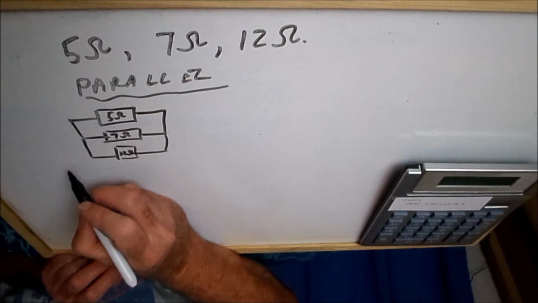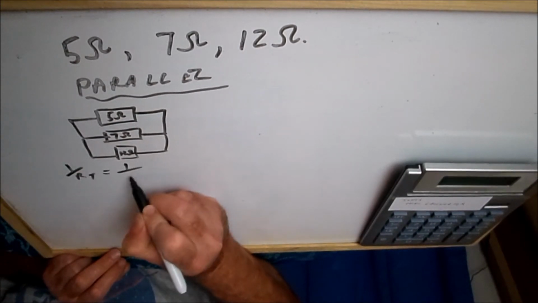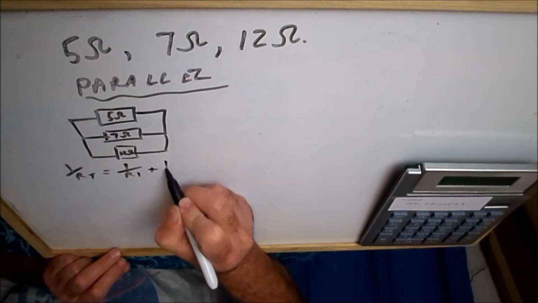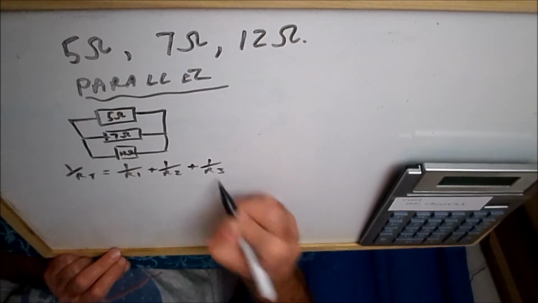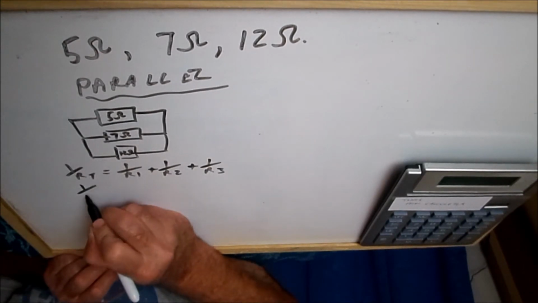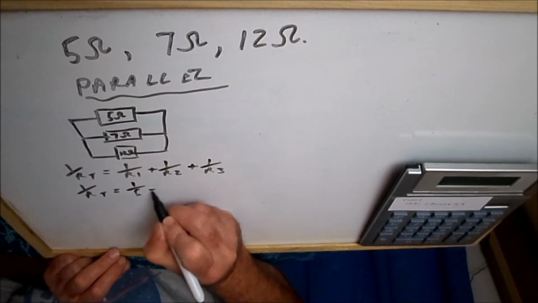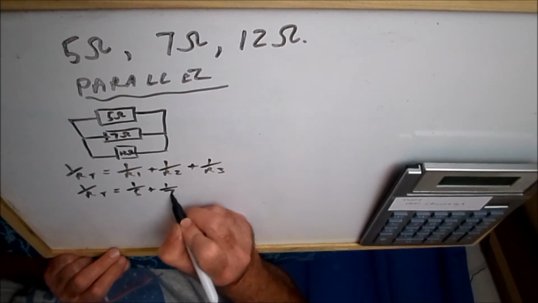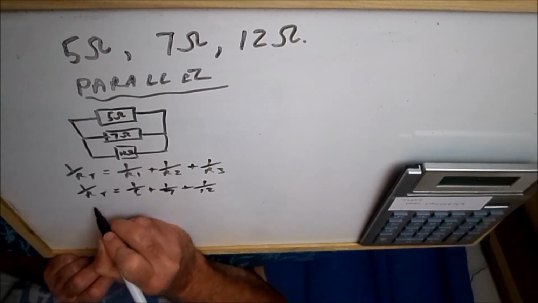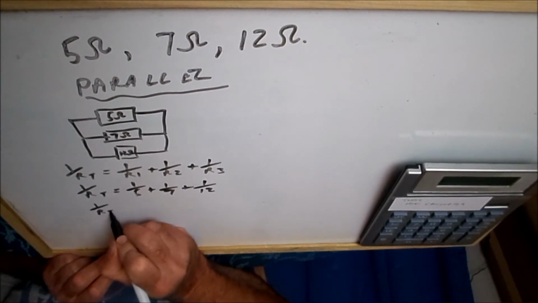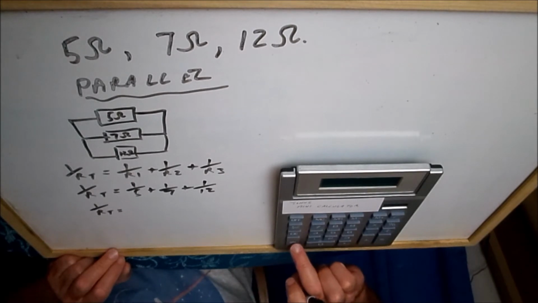And so we've said that 1 over RT is equal to 1 over R1 plus 1 over R2 plus 1 over R3. So if we populate the figures, 1 over RT is going to equal 1 over 5 plus 1 over 7 plus 1 over 12.